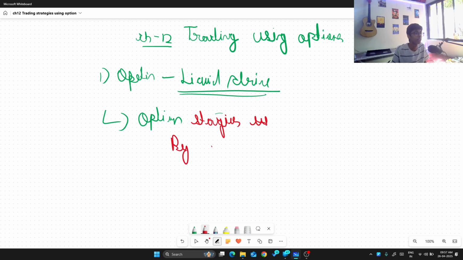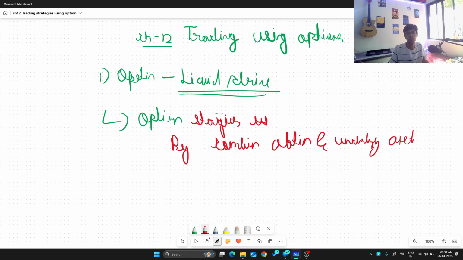These are strategies made by combining options and the underlying asset, where we buy the option and also buy the stock if it is a stock option.